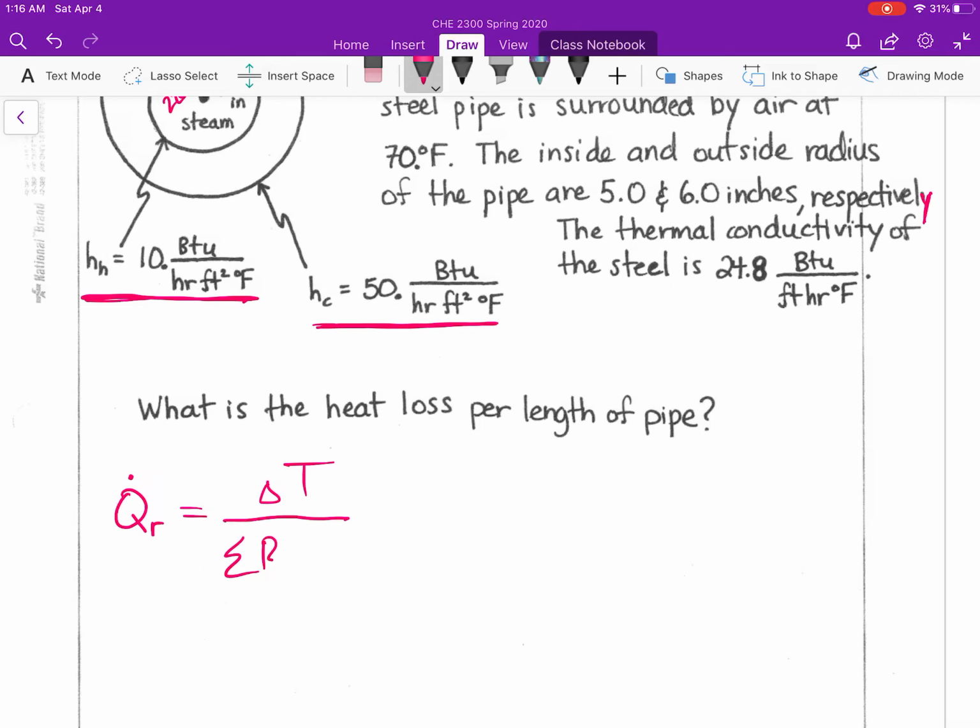So that's going to be our delta T divided by the sum of our thermal resistances in the system, which we just saw was 1 over the convective heat transfer coefficient of the hot fluid on the inside of the pipe times the area, plus our conduction through the pipe wall.